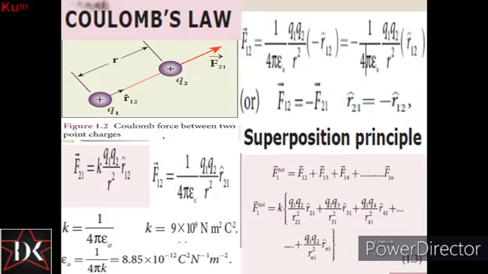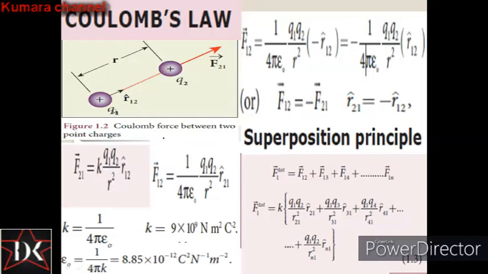Coulomb's law states that the force between two charges is directly proportional to the product of the magnitudes of the two charges and inversely proportional to the square of the distance between them. Coulomb considered two stationary point charges separated by a distance r in vacuum.